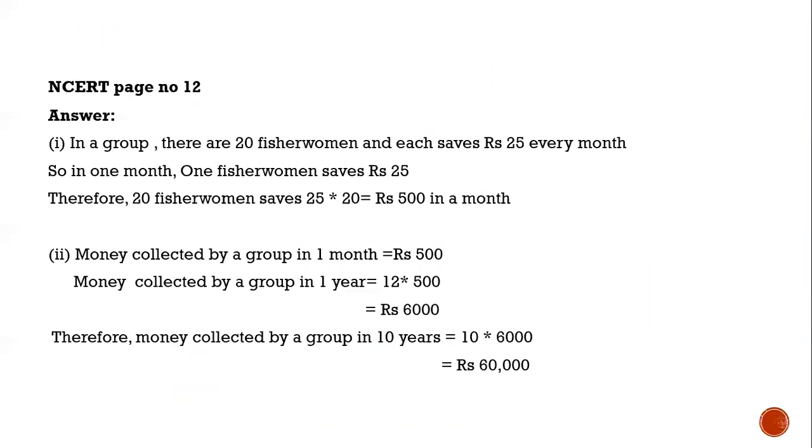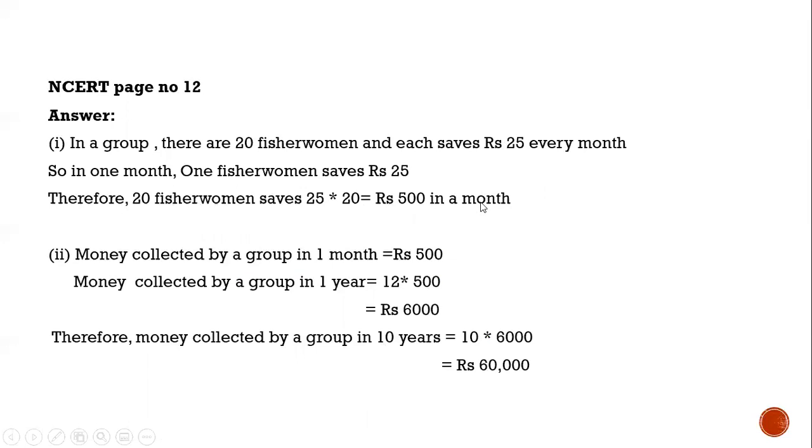So in a group there are 20 fisher women and each saves rupees 25 every month. So in 1 month, one fisherwoman saves rupees 25. Therefore, 20 fisherwomen will save 25 into 20. That is rupees 500 one group is saving in a month.